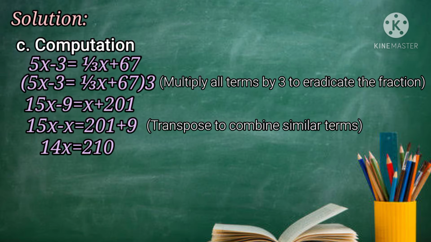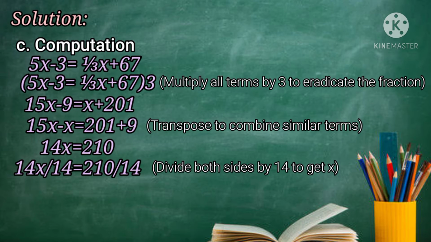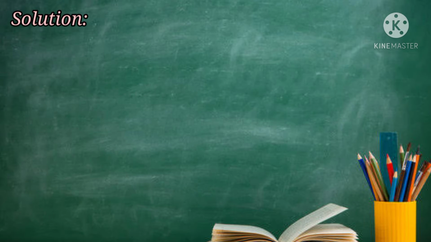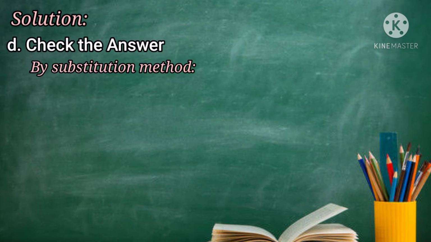Now, to get the value of x, we need to divide both sides by 14. So, canceling 14, we then have x is equal to 210 over 14. Then, solving this, we have x is equal to 15. Now, for us to make sure with our answer, we need to check it by substitution method.